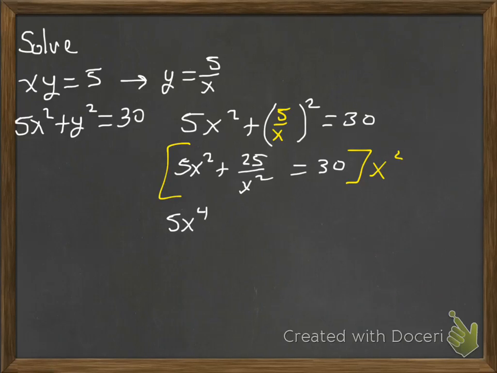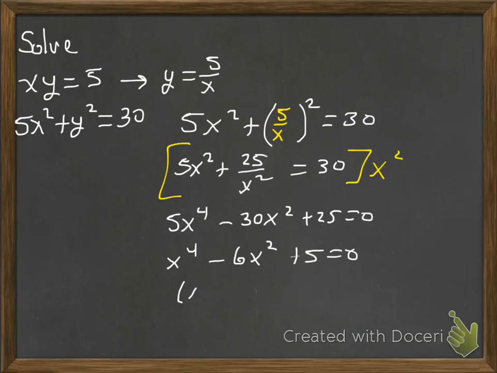And then we're going to go ahead and subtract 30x squared, so that we're being efficient with our space here. Minus 30x squared plus 25 equals 0. Everybody is divisible by 5, so we'll go ahead and divide everybody by 5. And then this gives us a fairly nice problem to factor here. So then x squared minus 5 and x squared minus 1.